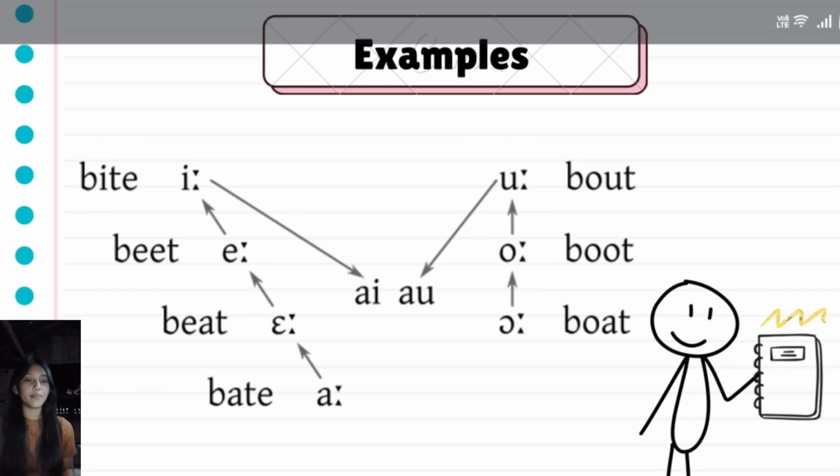Another example, from bait to beat, and beat became bite. Another example is boat. It was pronounced in the past as boot and bout, but today it is pronounced boat.